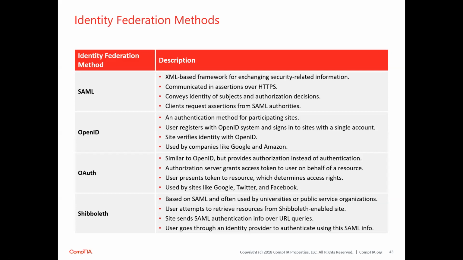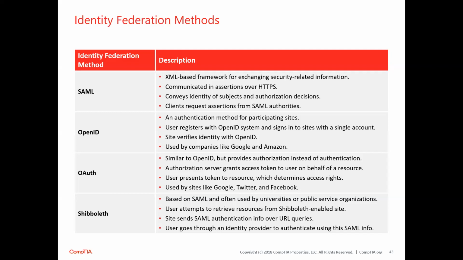SAML is the XML-based framework for exchanging security-related info. And this is, I would say, the standard for the identity federation method. Then we have OpenID, the authentication method for participating sites. Google and Amazon are utilizing this OpenID.